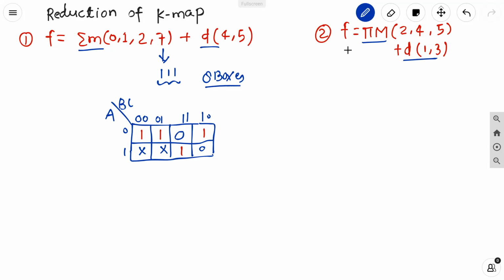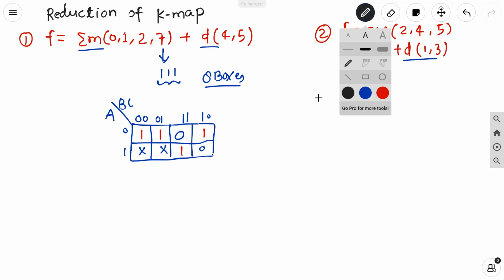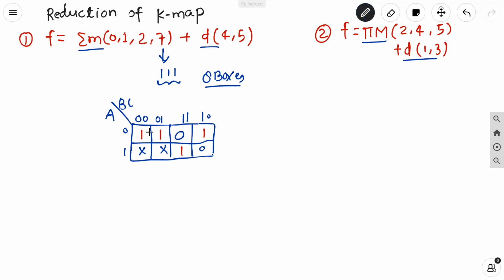Simply make it. From this example, we have this possible quad when we include these don't cares. Before, this one was alone, but now it can be involved with this particular don't care, and this other one can be involved with this one.